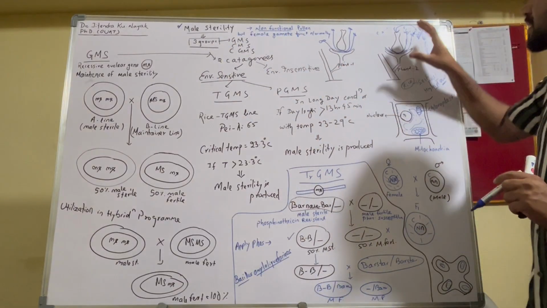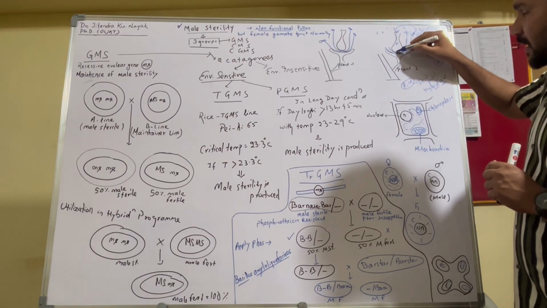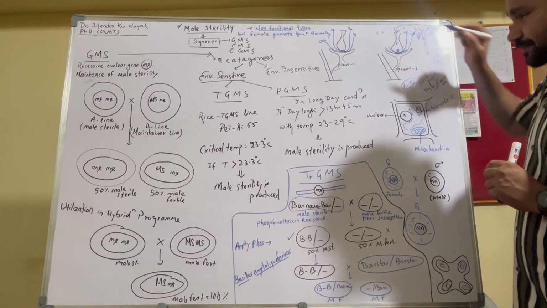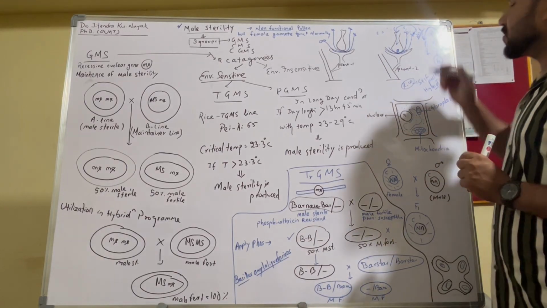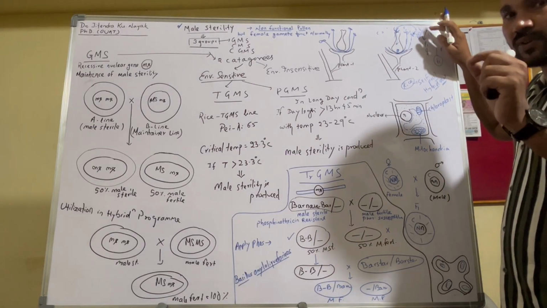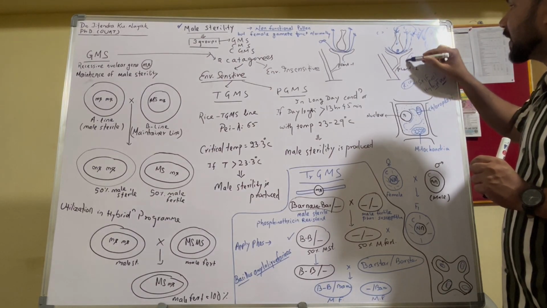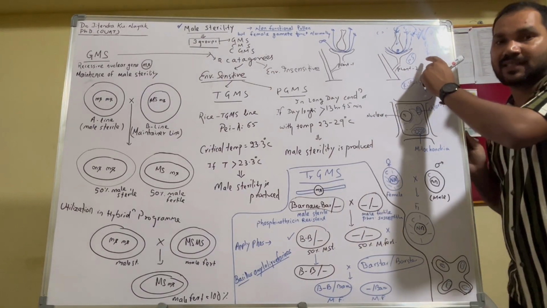Non-functional means this pollen cannot go to the ovary and cannot fertilize the ovule. The pollen is not functional. That is why this plant is called the male sterile plant.